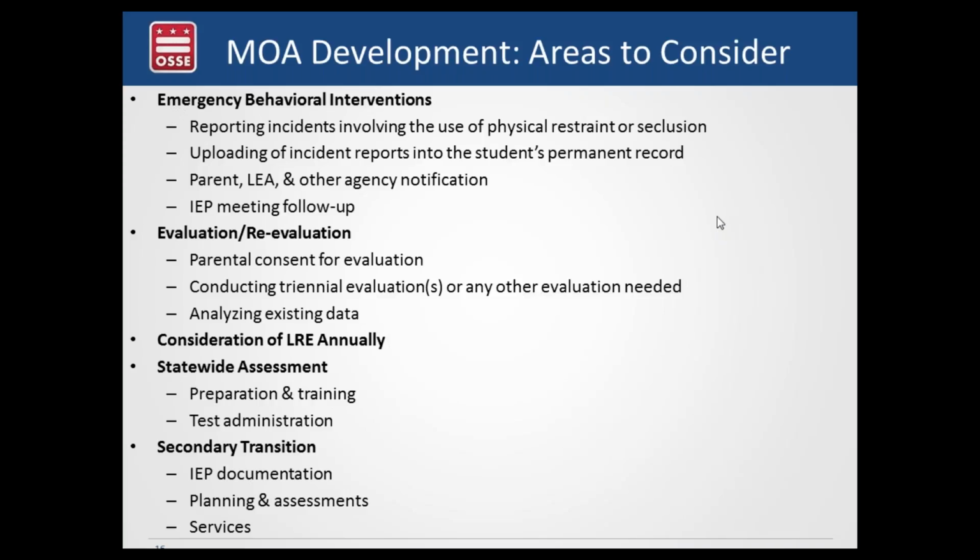But essentially, for any student who does not have authorized on their IEP the use of emergency behavioral interventions in specific circumstances for very specific behaviors, and who also does not have a current BIP, there is an IEP meeting that is required to be convened within 10 days of each of the incidents, to consider the use of an FBA or to either modify an existing BIP or implement a BIP if one has not been implemented.